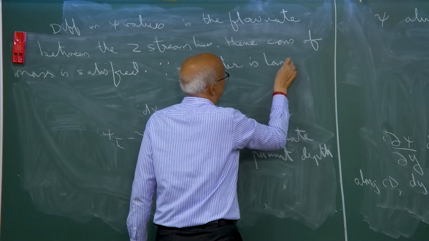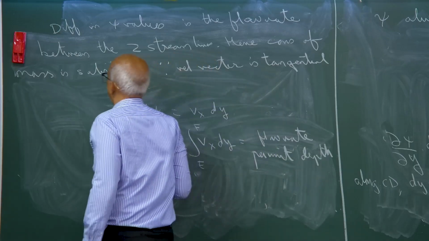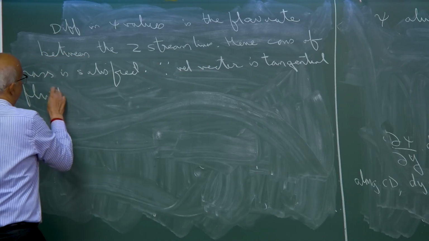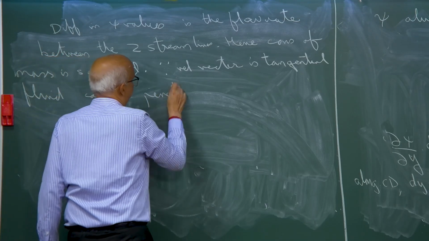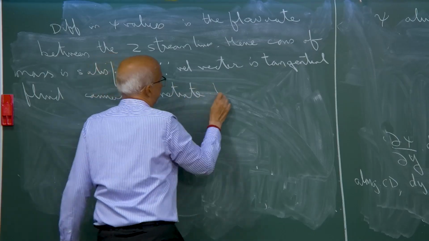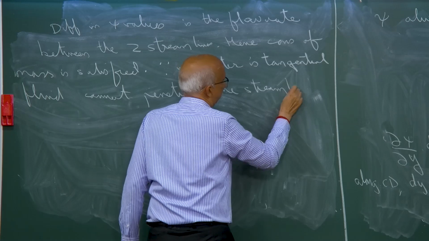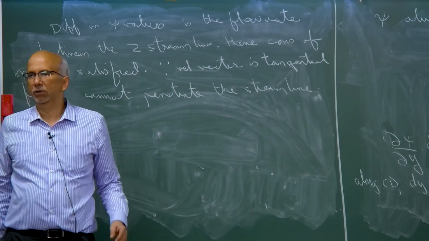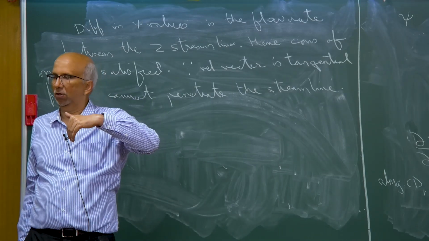fluid cannot penetrate the streamline. Okay. So, basically on the streamline there is no perpendicular component of velocity.